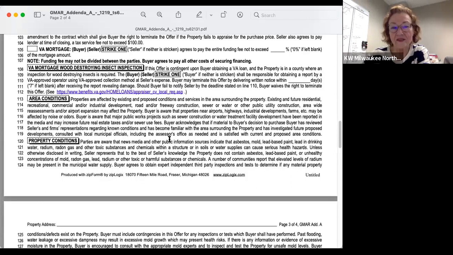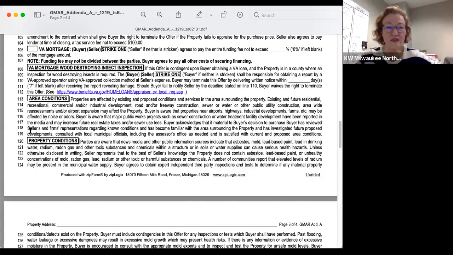And again, here's an awareness paragraph for your buyer. Area conditions. Properties are affected by existing and proposed conditions and services in the area surrounding the property. So they're just saying buyer acknowledges that they have understood this.